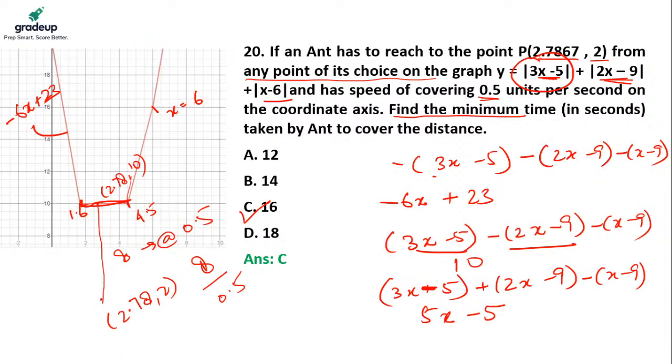So now it is an increasing function, and beyond 6, which is the changing point of the last function, my function will become 6x minus 23. So in between 1.6 and 4.5, my function will remain at 10.